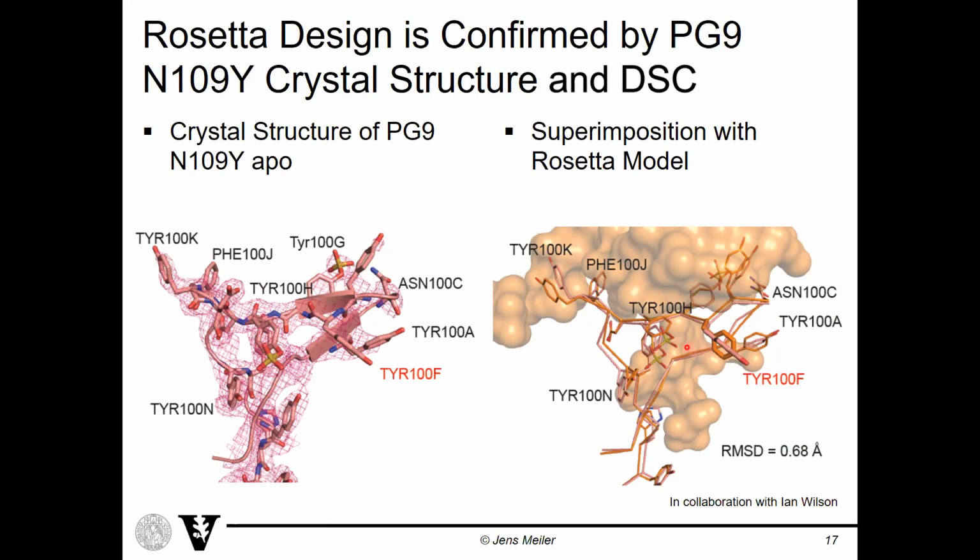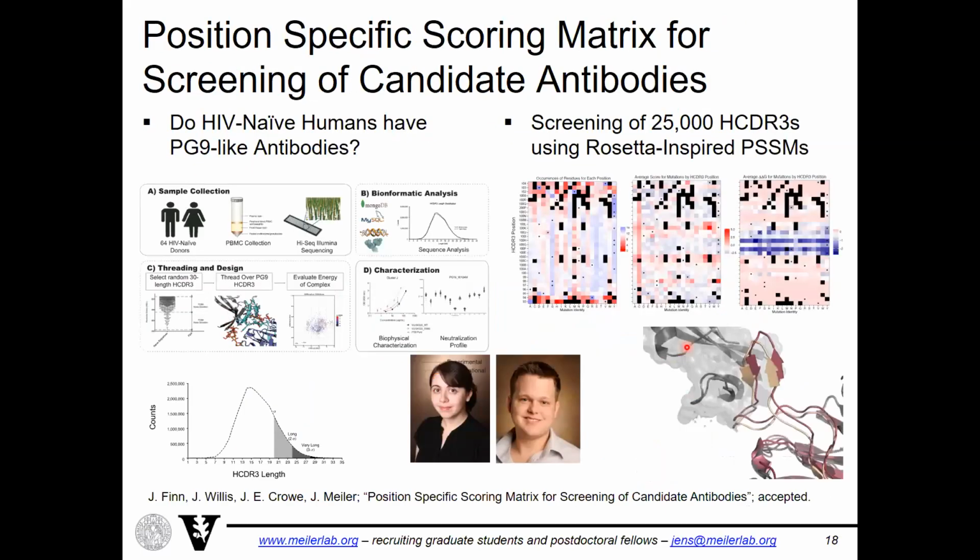So one of the next questions that one can ask is, now, if this is such a hard neutralizing HIV antibody, and we might want to target this class of antibodies with a vaccine, with an immunogen eventually, do HIV-naive people have precursor antibodies that can be converted with a vaccine into neutralizing antibodies?